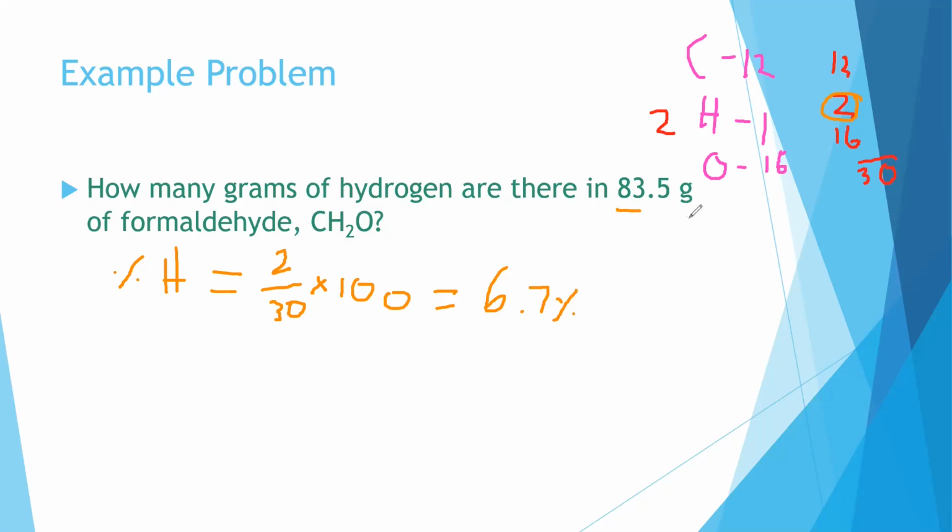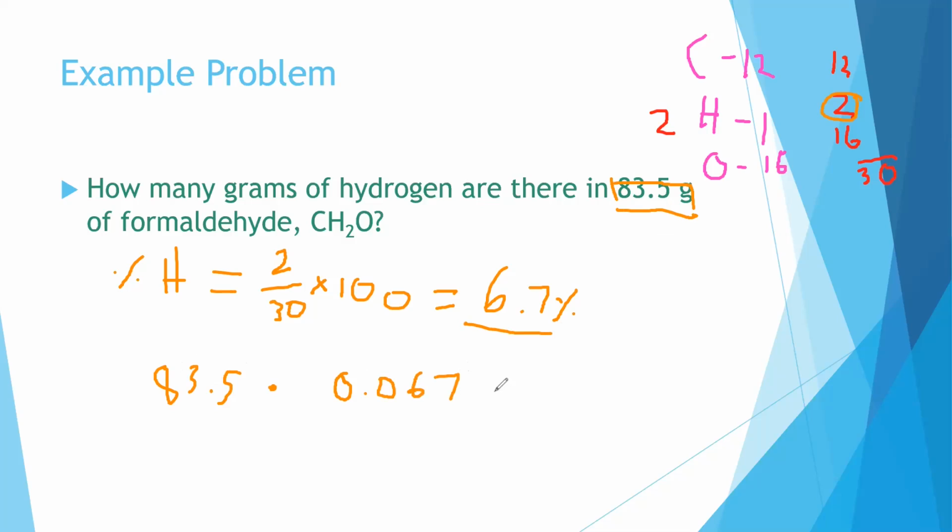Now we take the total mass, 83.5, and we multiply it by this in decimal form. So if you don't know how to convert to decimal form, just divide the percent by 100. So it's 0.067.